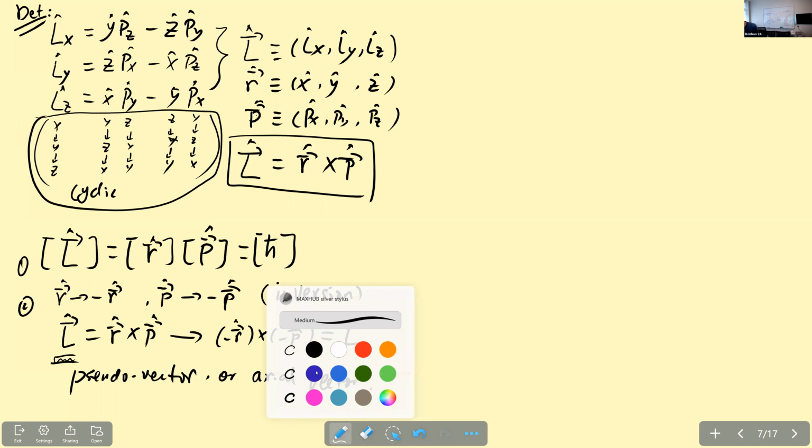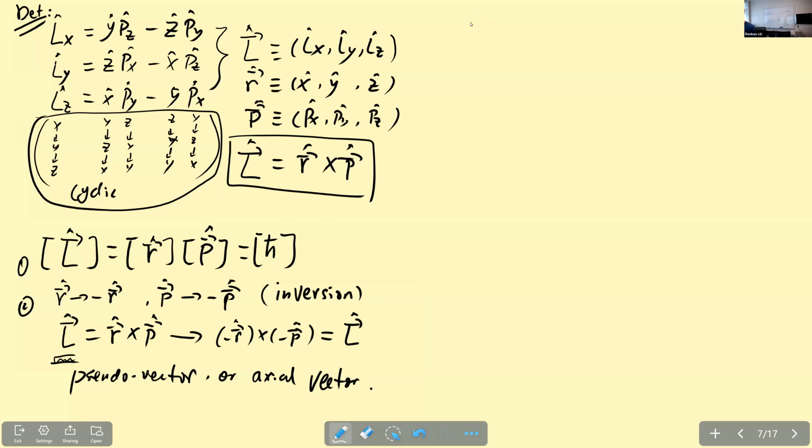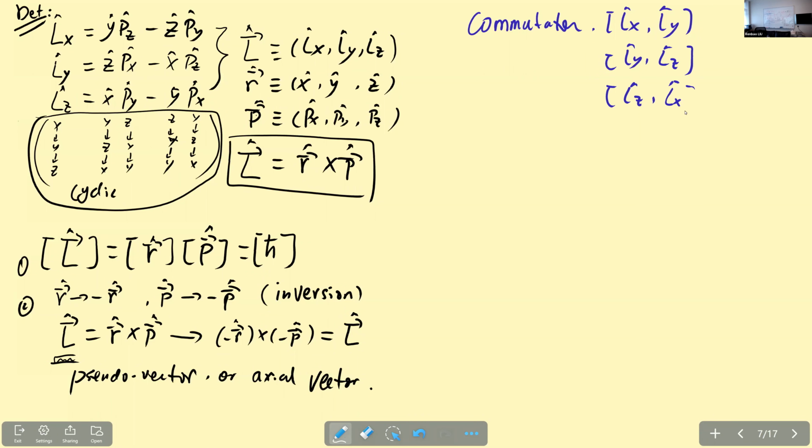And now let's examine the commutators. That's another interesting thing, between, for example, Lx and Ly, Ly and Lz, and Lz and Lx, and so on and so forth. These are the three interesting operators.